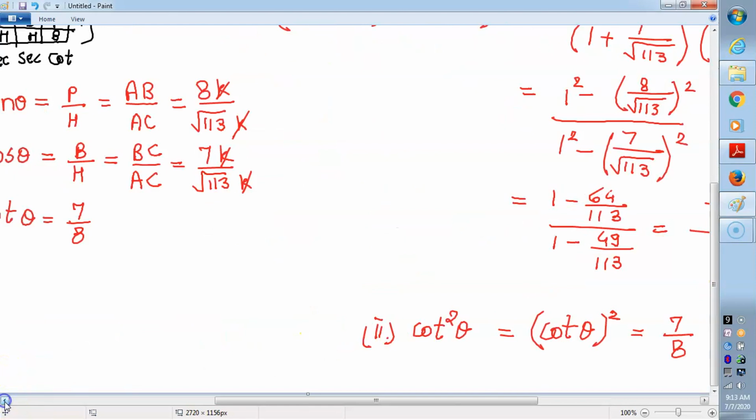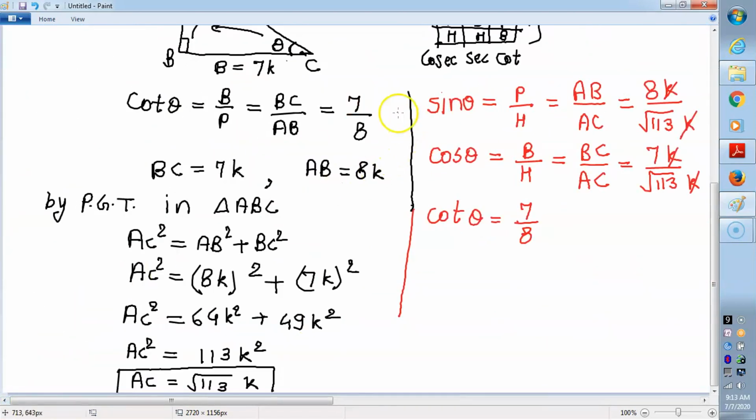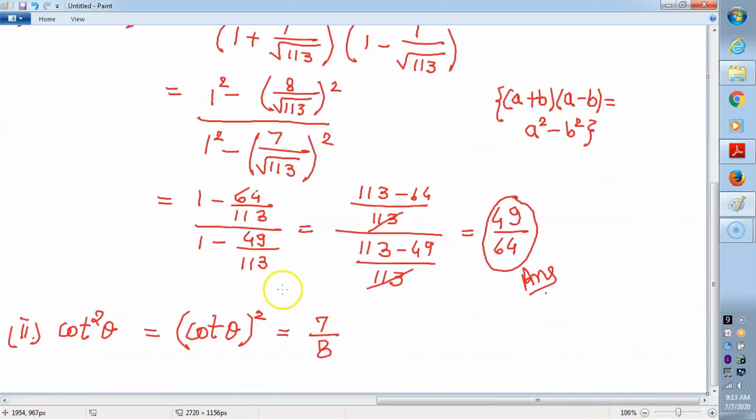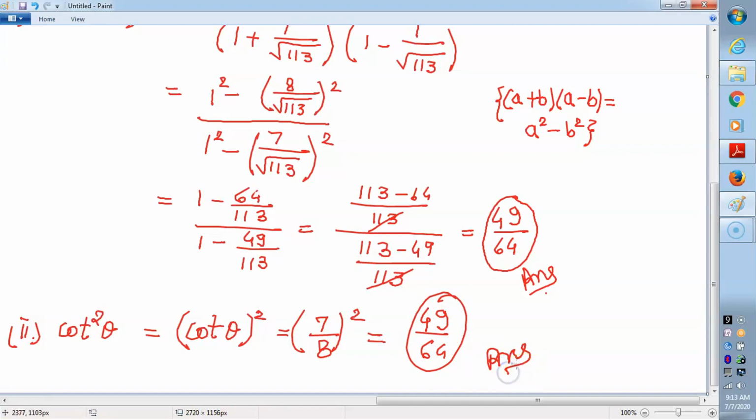We can see in the diagram also cot theta 7/8. Okay, so let's put the value of cot theta and take square of it. We will get the answer 7 7s are 49 upon 8 8s are 64. It is our answer for second question, which is cot square theta.